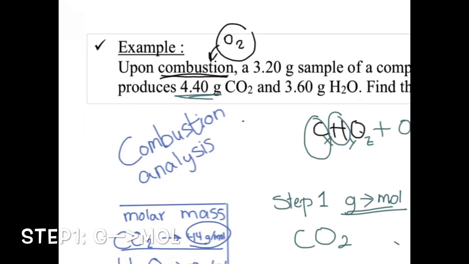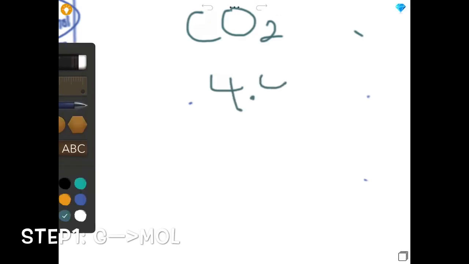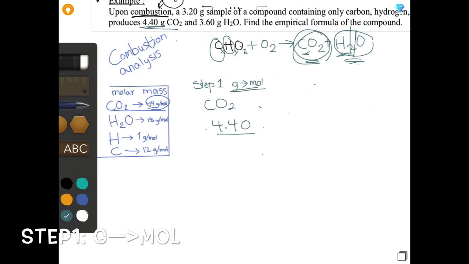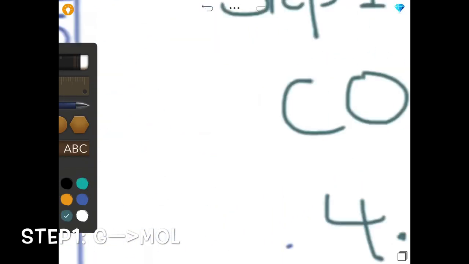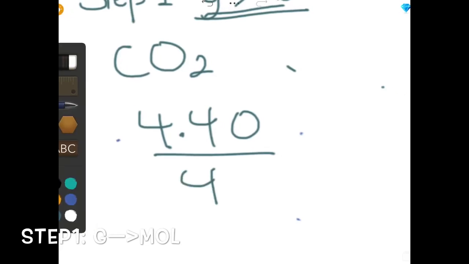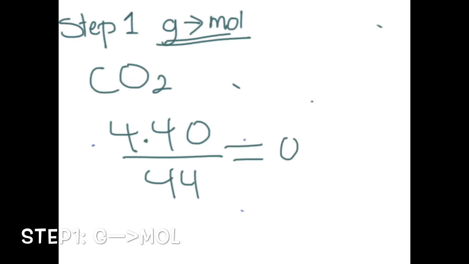It says here 4.40 gram. So 4.40 divided by the molar mass of CO2, which you can find from the periodic table, and I wrote it here, it's 44. So we find the mole, which is 0.1.